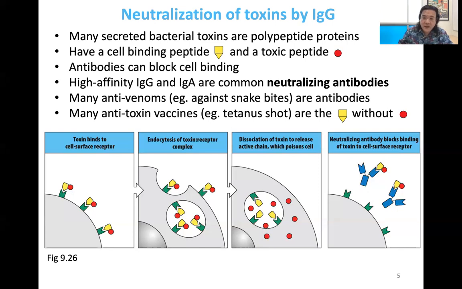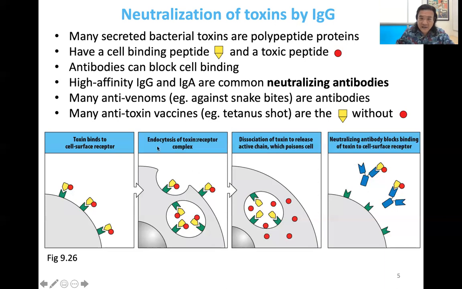So if you get infused with high quality anti-rattlesnake antivenom, that's usually purified antibodies like this, once that's flowing through your blood, you usually get it infused through an IV drip, then it can bind up and neutralize the snake venom and facilitate its elimination from your body, right?